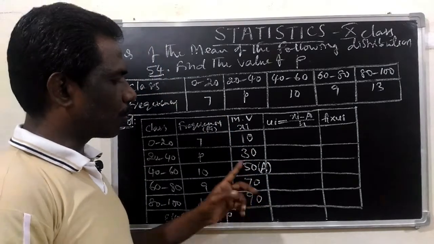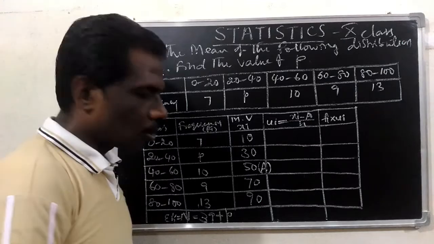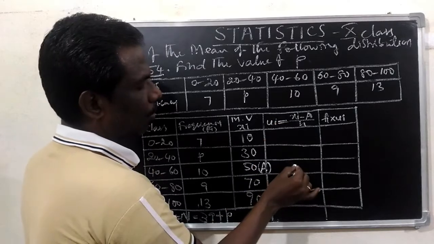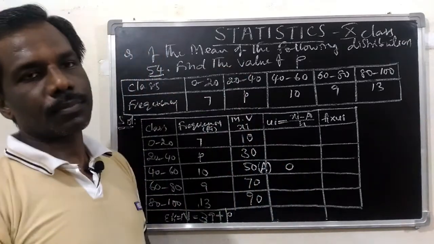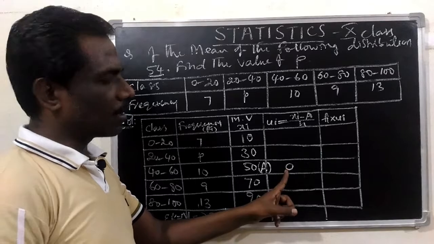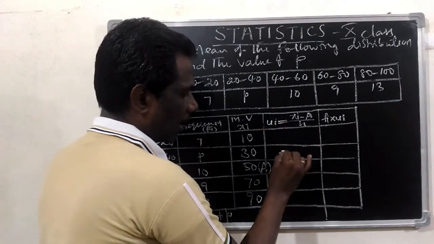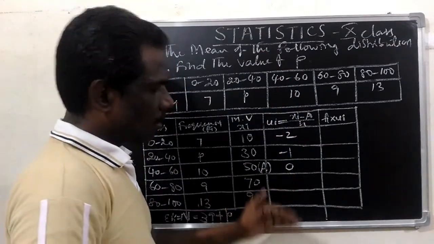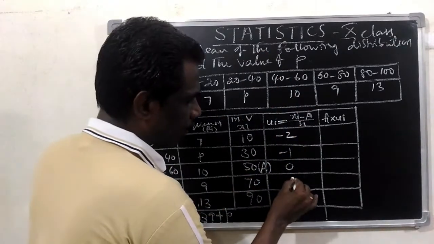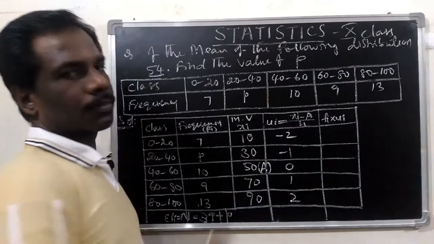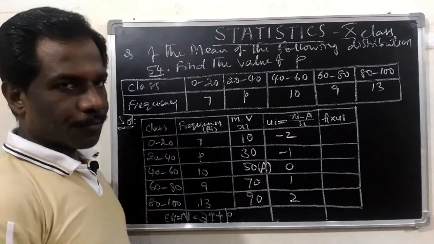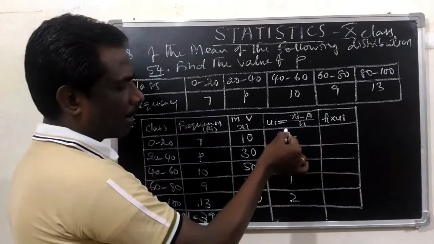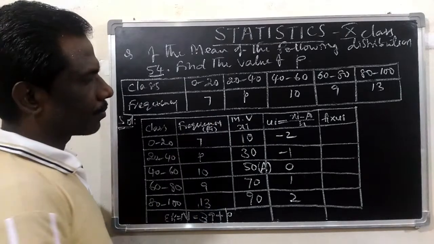In front of A, the U value is 0. Upwards we write negative values, minus 1 and minus 2, and downwards positive values, 1 and 2. If you substitute the Xi values, A value and h value, you will get these same values.